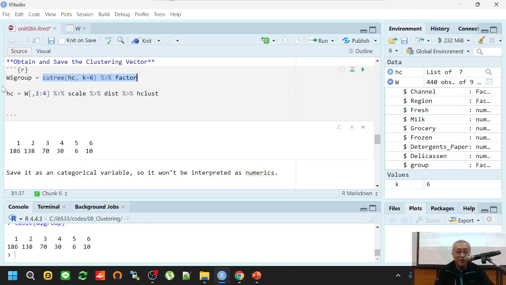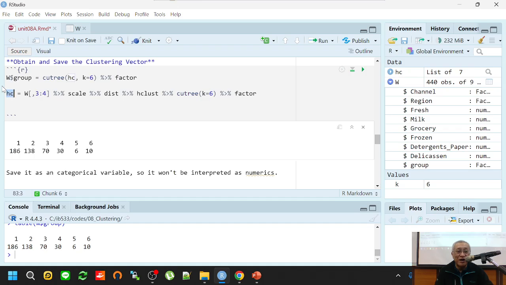If I do this and put it here, right? So this is the data, and we do the scaling, we calculate the distance, we do the hierarchical clustering, and then we cut it into 6 groups, right?